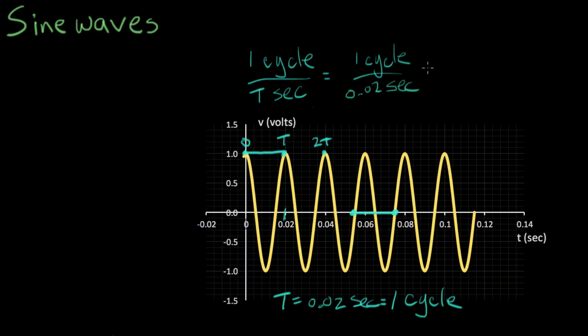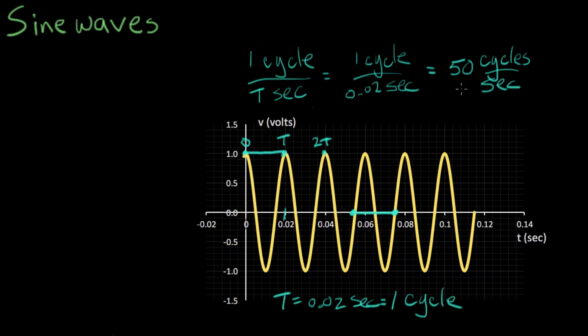And if we take the reciprocal of 0.02, we get the answer, that's 50 cycles per second. That's the speed, that's the repetition rate of this sinusoid, 50 cycles per second.